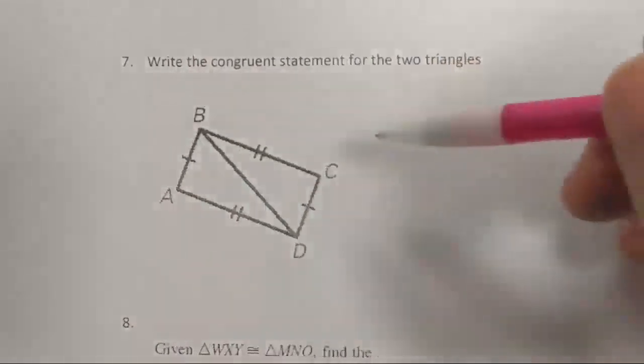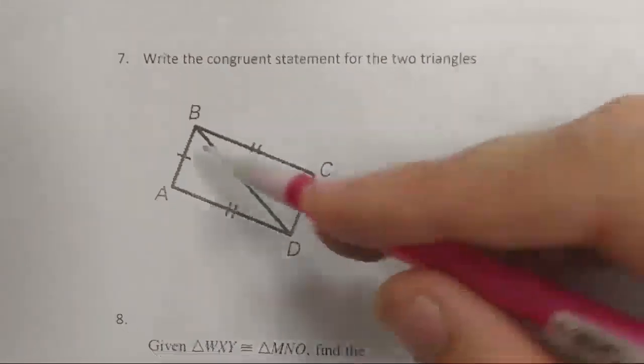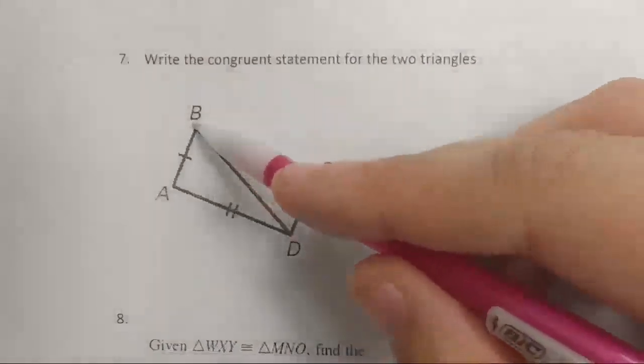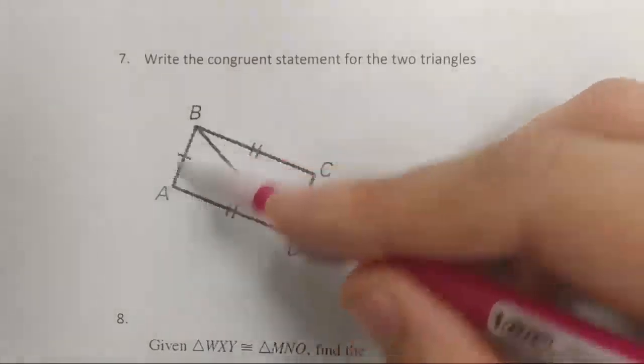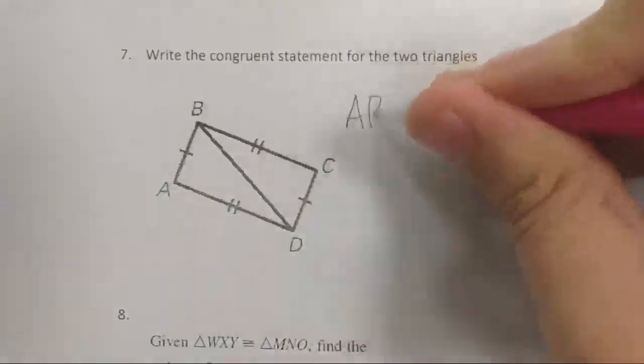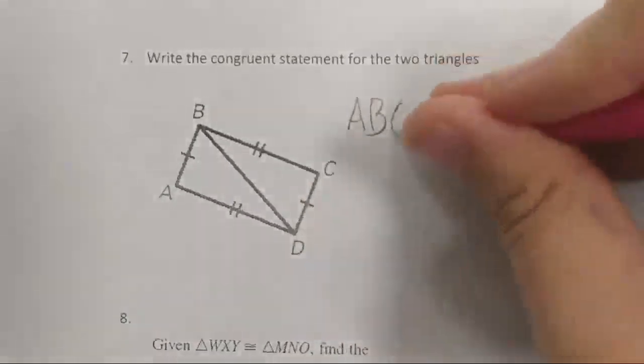Okay, over here, write a congruence statement for the two triangles. When we write a congruence statement, it has to all match. So from A to B, that's the one tick mark. Then B to C is the middle line. And then from D, oops, let me fix that. Then fix the camera too.